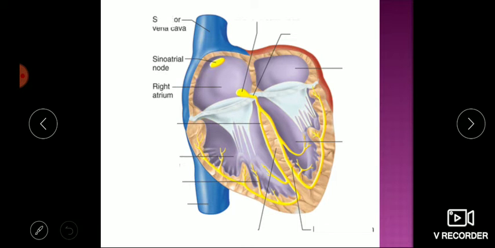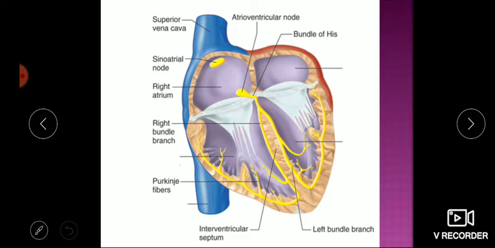Now the last one, very important. These are the Purkinje fibers, which penetrate the ventricular muscle, and these are the key to excite the ventricular muscle, and they have the fastest conduction. Across the SA node, AV node, bundle of His and Purkinje fibers, the impulse is conducted at a very fast rate, around 4 meters per second, and that is needed because the ventricle is big.